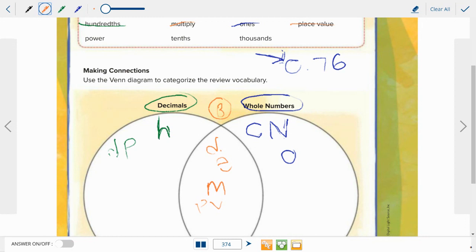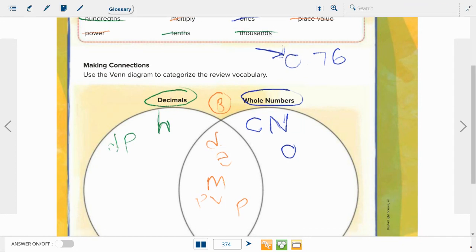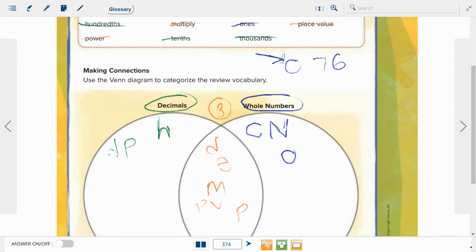Powers. We've really only been using powers with whole numbers, but technically speaking, you could use powers for anything. And then tenths, thousandths. Oh, that's not thousandths, that's thousands. That one does not have the TH, and it won't let me erase.